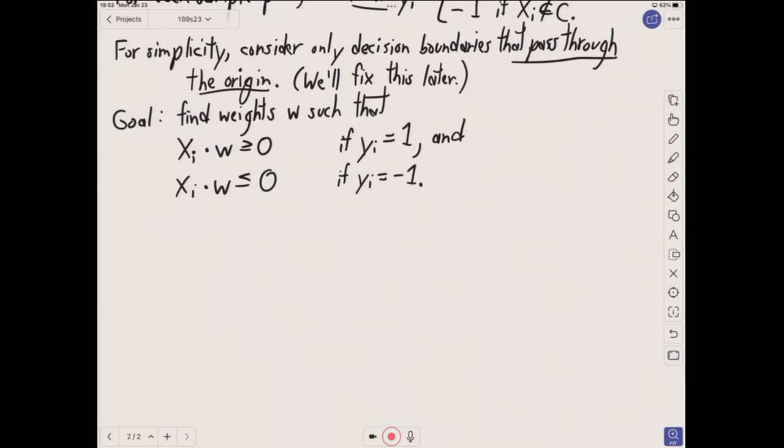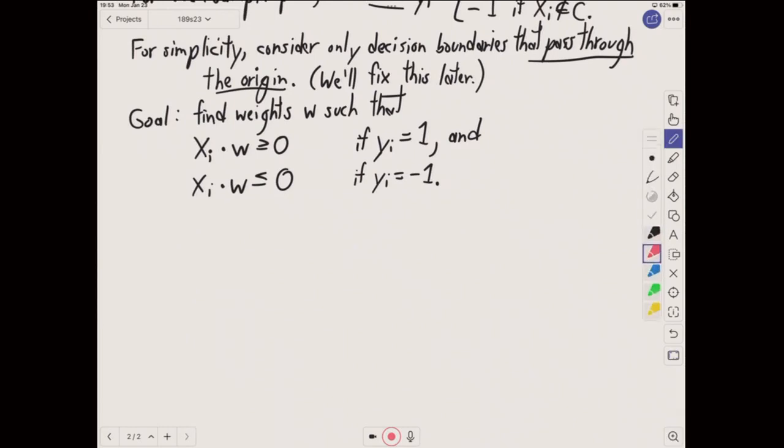We can actually simplify this a little bit and write both of these constraints as a single constraint with a little trick. You can just multiply yi by xi, and then we always want to satisfy the constraint that yi times xi inner product with w is non-negative.